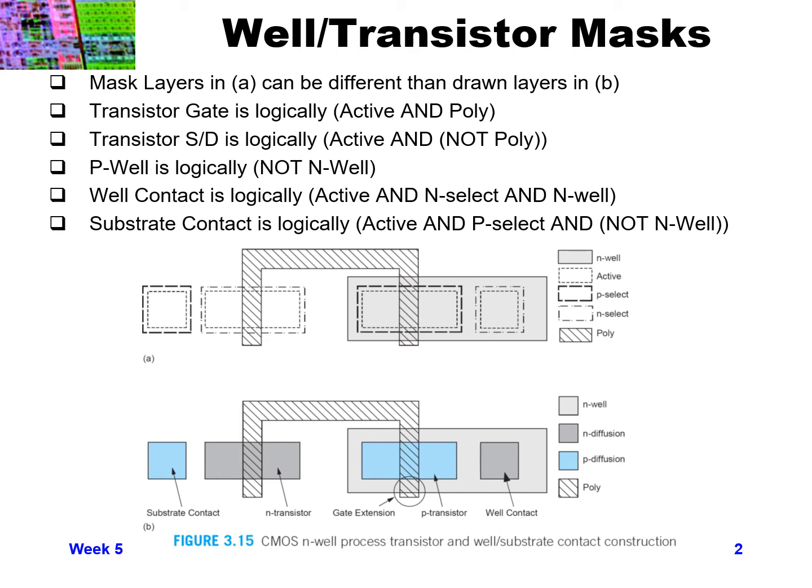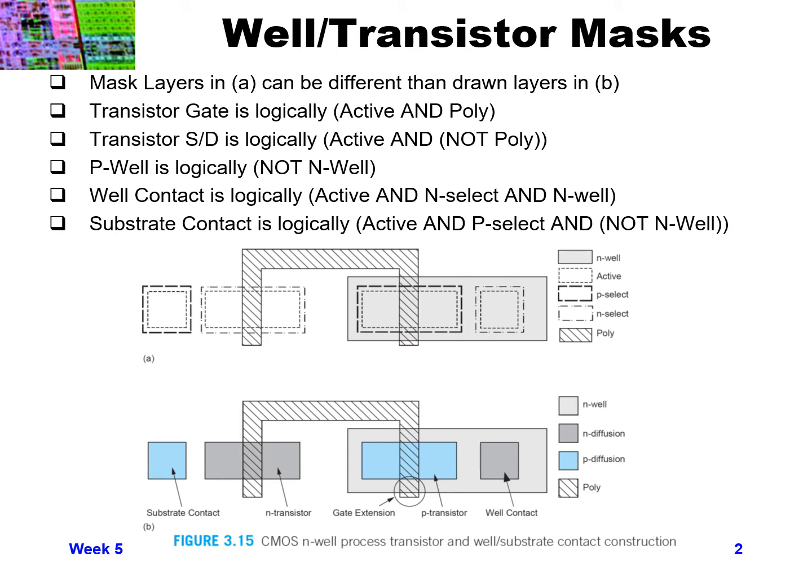Your substrate contact is logically the ANDing of your active and your P select and not N well. So this is just going over one, quote unquote, relatively simple example of how mask layers actually get created relative to your drawn layers that you'll be doing in your layout tool.